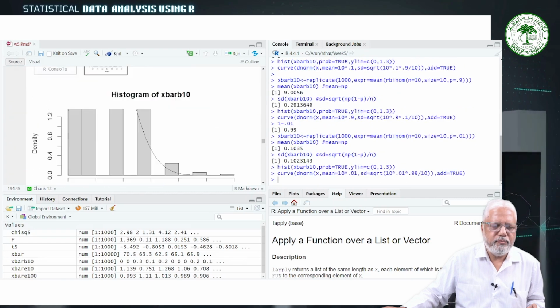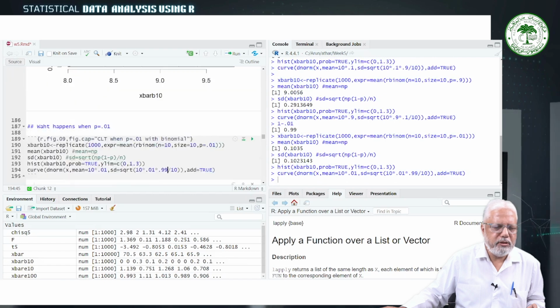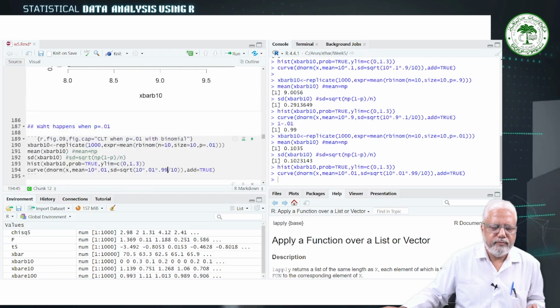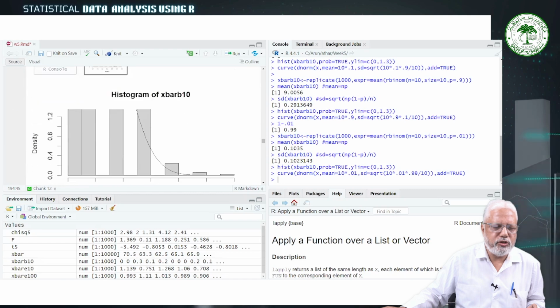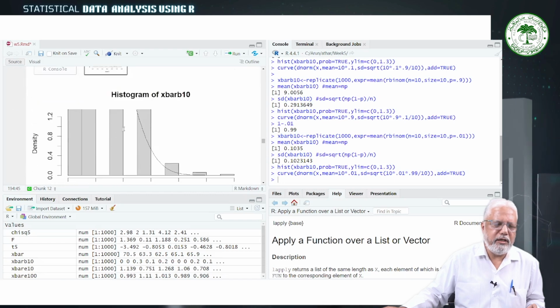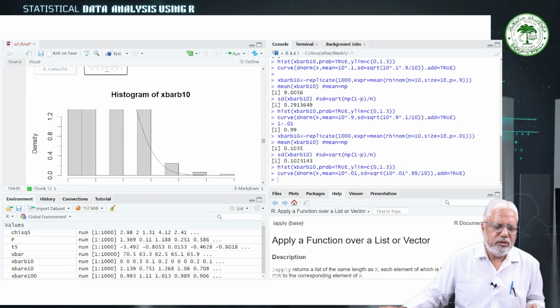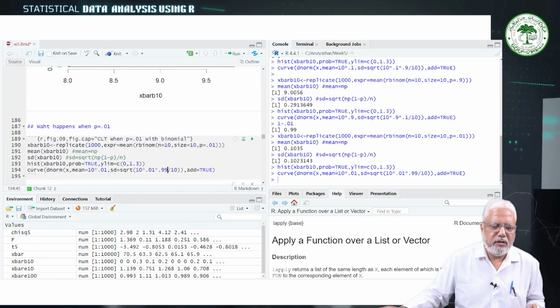See here, the picture is not good because of keeping p in the extreme. Here it is highly right skewed, so this effect is there.